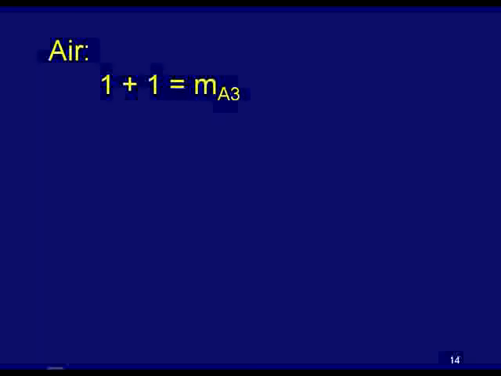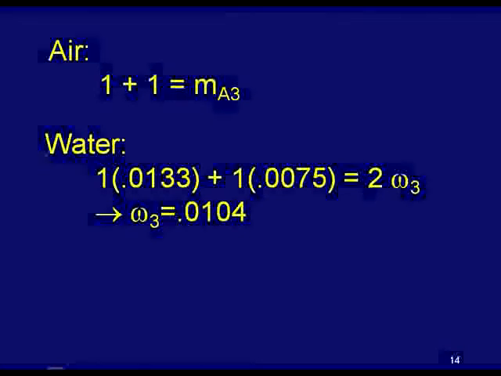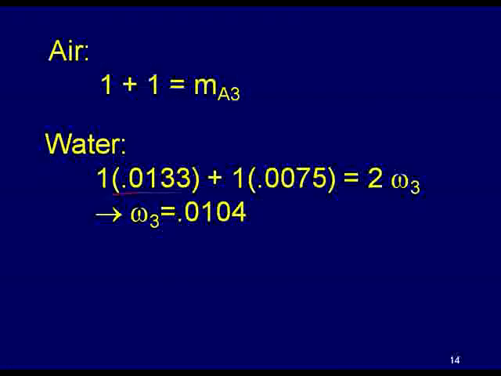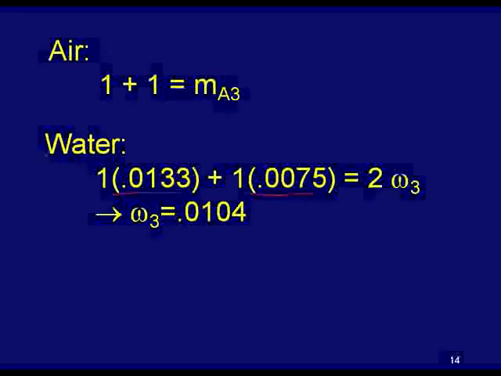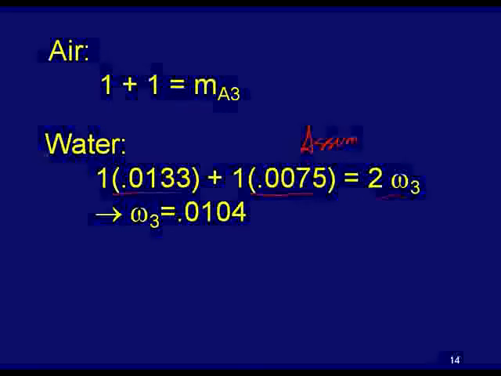So first we'll do the air balance. 1 plus 1 equals the mass of 3. For the mass of the water, 1 times its absolute humidity plus 1 times the second state's absolute humidity equals 2 times the final absolute humidity, assuming no condensate, no liquid from that mixture.